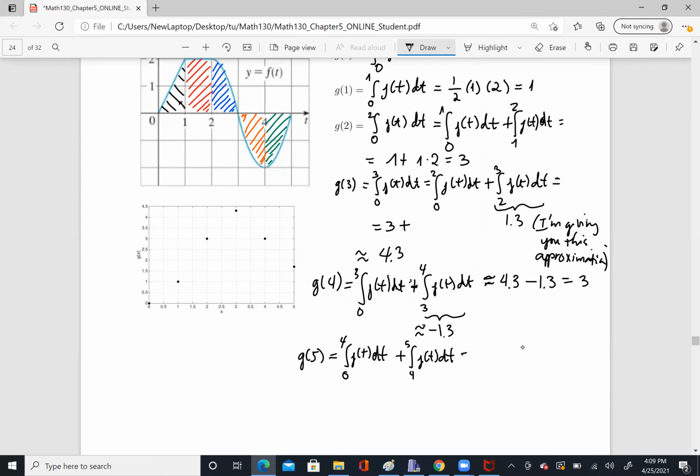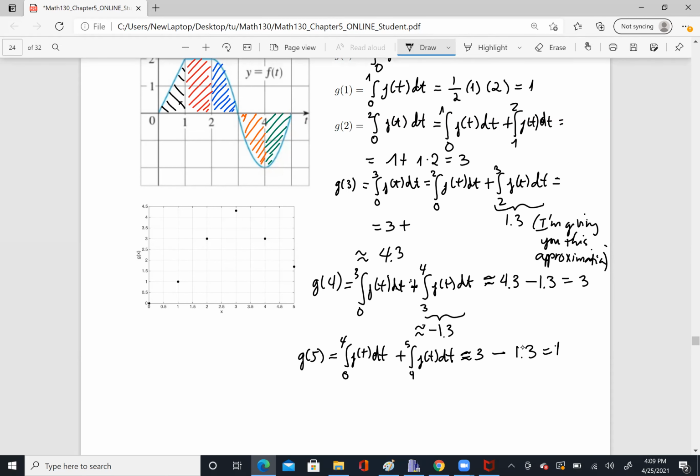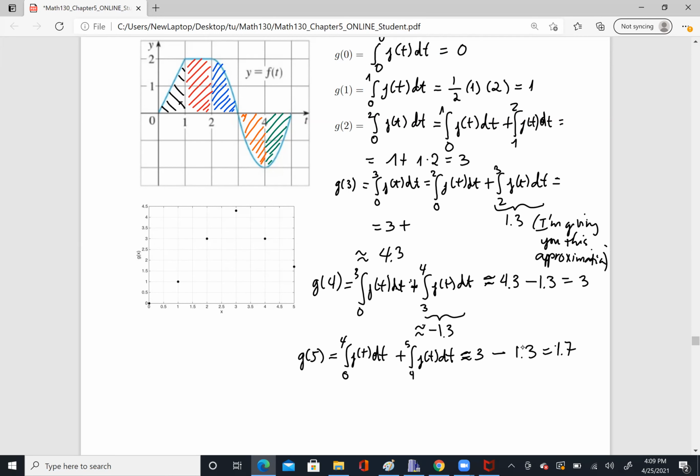So I will have 3, right? This is 3 minus approximately 1.3. That's equal to 1.7. Okay, so again, this is approximately negative 1.3.